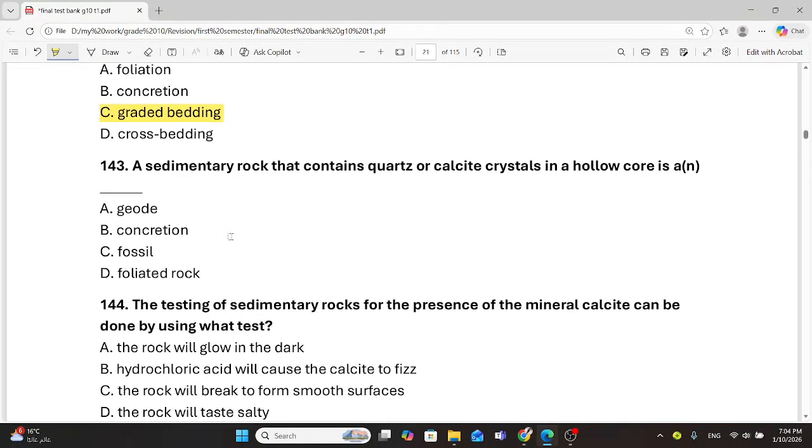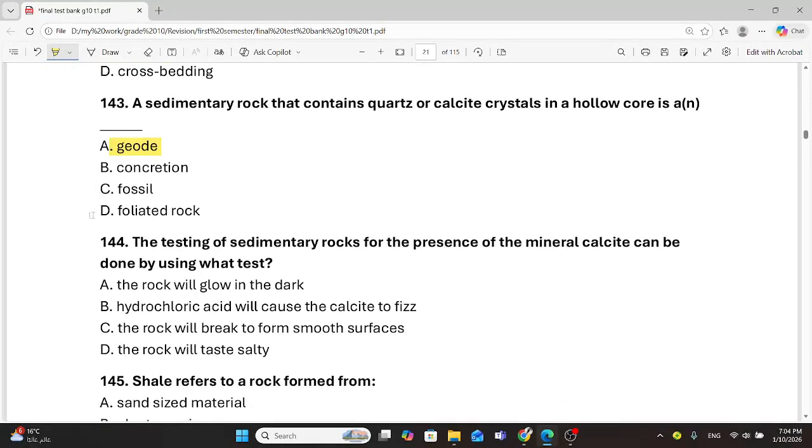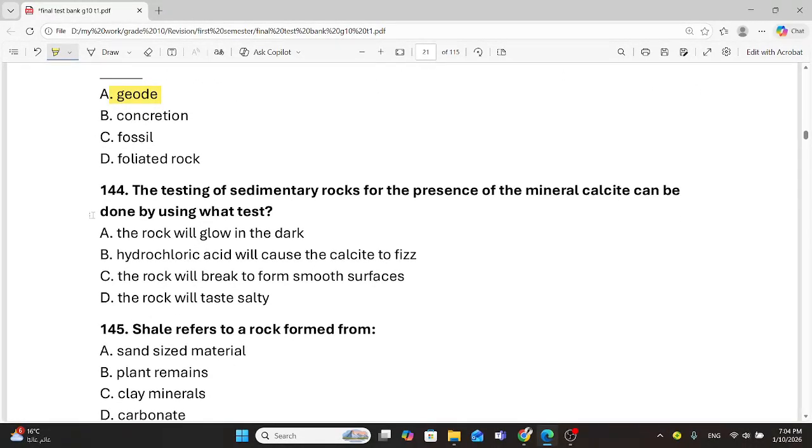طيب a sedimentary rock that contains quartz or calcite crystals in a whole core is a or an not good. طيب the testing of sedimentary rocks for the presence of the mineral calcite can be done by using what test؟ ممكن اختبرها بإيه؟ الروك والكلو انستال؟ لا.